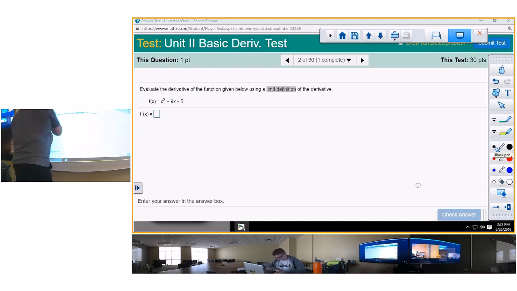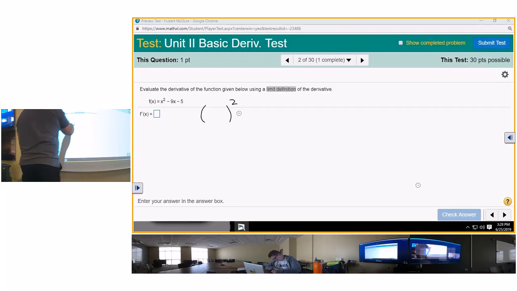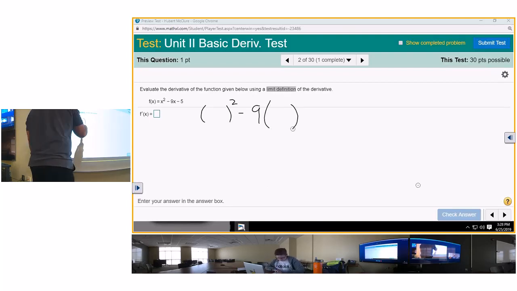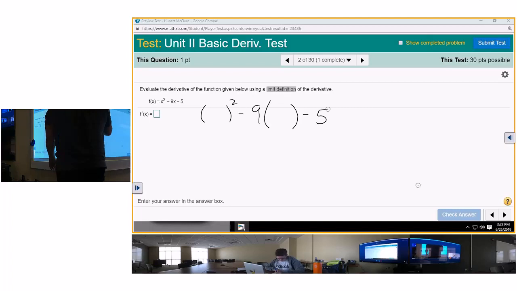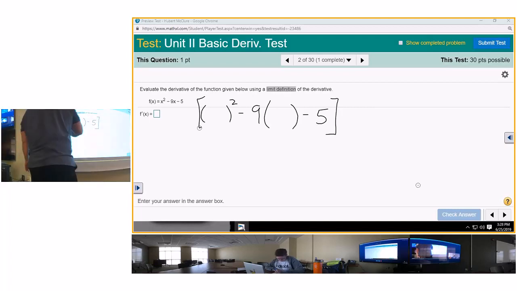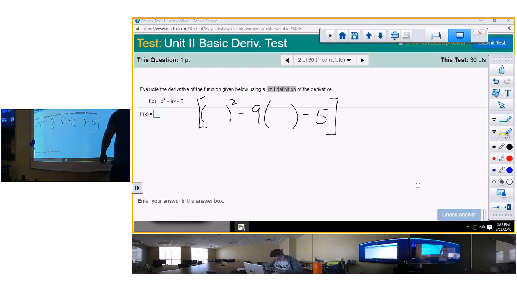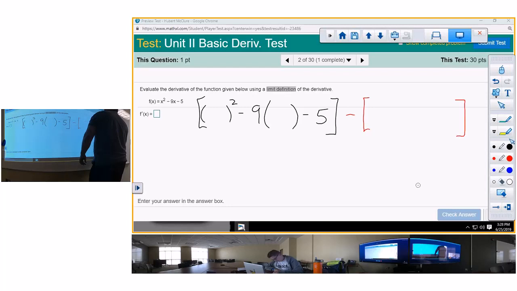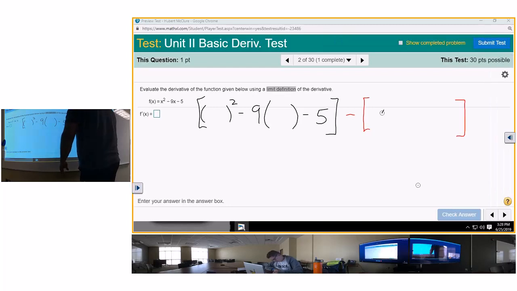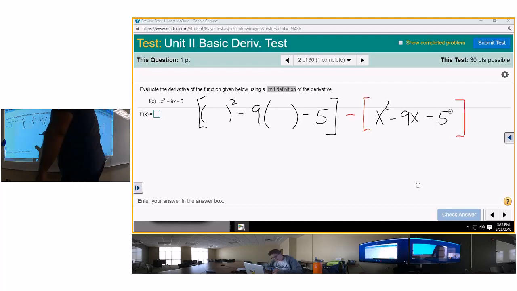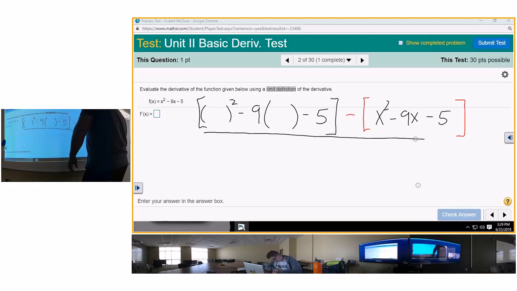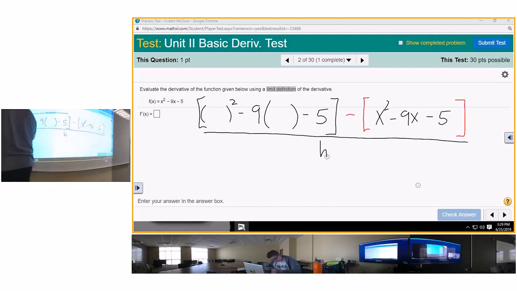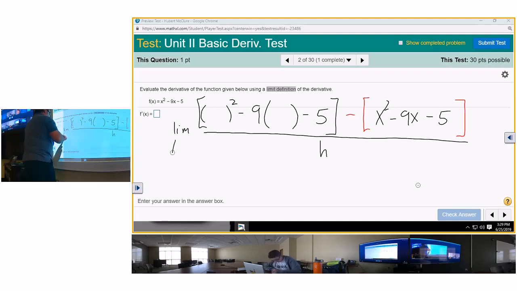So, parentheses squared minus 9 times parentheses minus 5 minus, I'm going to do this in red like I always do, and just plug in, just x squared minus 9x minus 5 all over h, limit as h approaches 0.